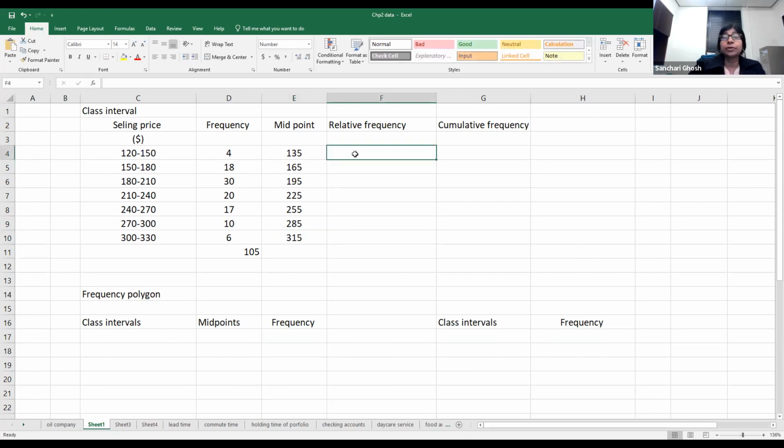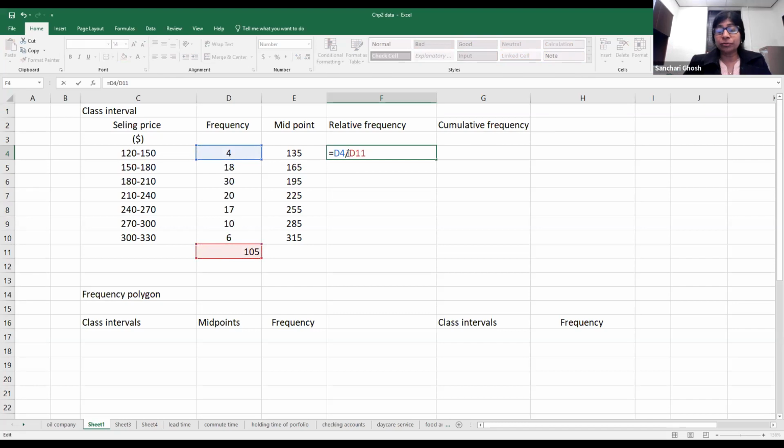Okay. Now, relative frequency. I always encourage students to use Excel as much as possible. In fact, in your homework for this chapter, I've encouraged you to put the Excel outputs. In fact, that's mandatory. So try to learn how to do it most efficiently in Excel without using calculators. Relative frequency is the actual frequency divided by the total number of observations.